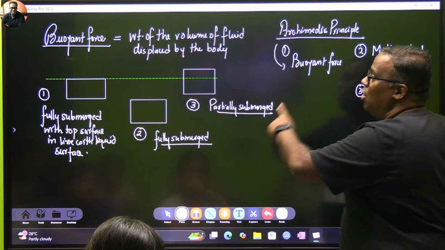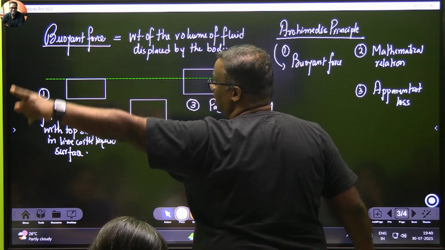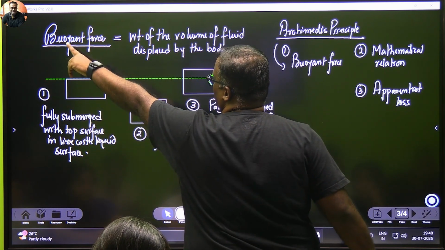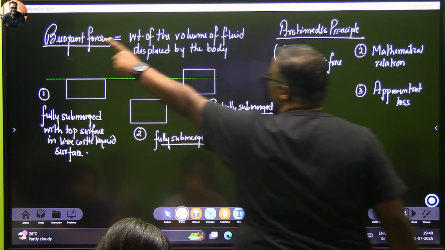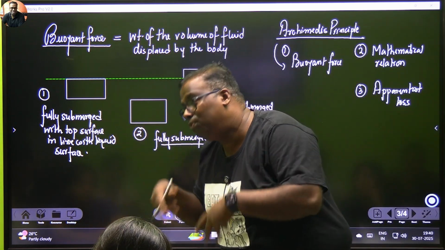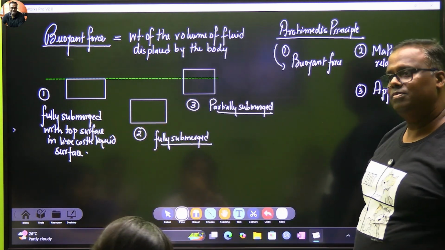Archimedes says whenever an object is immersed in a fluid partially or fully, it experiences an upthrust which is known as the buoyant force, and the buoyant force is mathematically equal to the weight of the volume of the fluid displaced by the body. ठीक है?